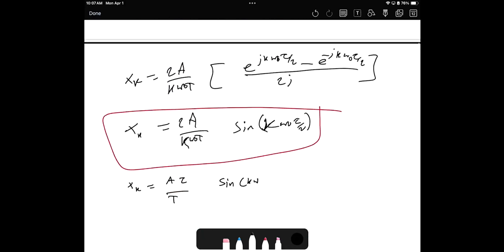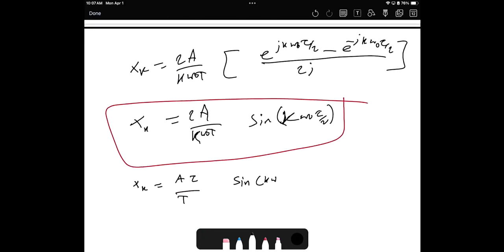So like this, just over here: sine k omega naught tau over 2. So what I'm going to do, I'm going to multiply x sub k by tau over 2 over tau. I'm going to write it.